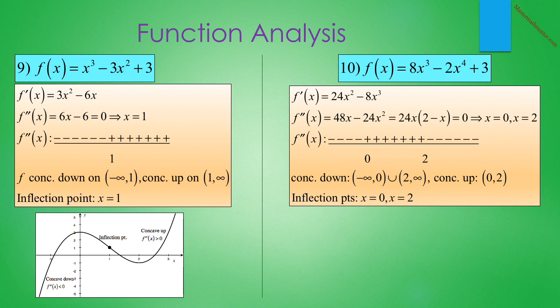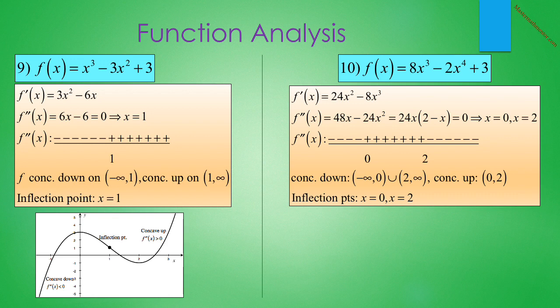Number 10 reads f of x equals 8x cubed minus 2x to the fourth plus 3. We take our first derivative and get 24x squared minus 8x cubed. Our second derivative is 48x minus 24x squared. We can factor out a 24x times the quantity 2 minus x, set that equal to 0, and we get x is equal to 0 and x is equal to 2.